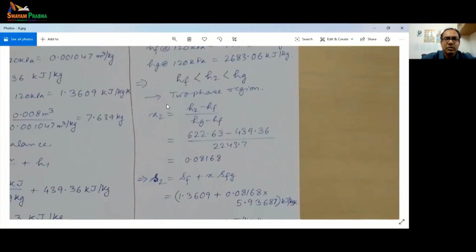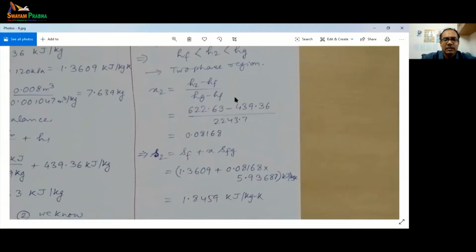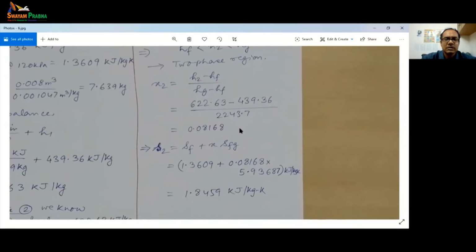If it is a two-phase region, then we can find the quality of the vapor. x2 will be equal to h2 minus hf divided by hg minus hf. All these values we look up, and h2 we figured out earlier. By putting all those things in, we find x2 is equal to 0.08168.